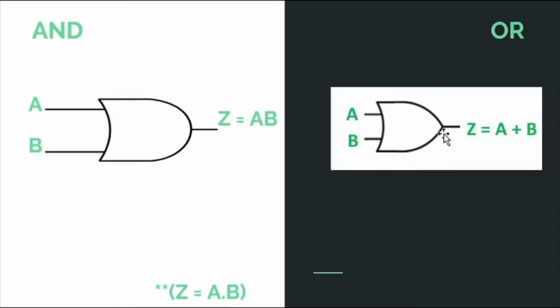As for the OR gate, it also takes 2 inputs, as we said, and outputs 1 output. And that's how the output is written: A plus B or X plus Y. The plus here symbolizes OR. And as for the symbol, you can see it's more pointed than the AND gate. And the difference is clear when you put them beside each other.